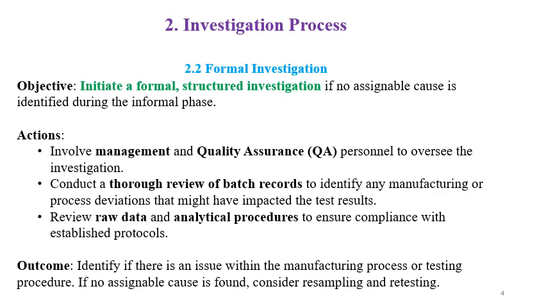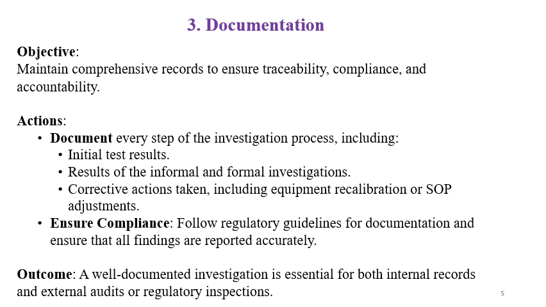It is very important to know when to go for resampling and retesting and when not to, because in quality aspects, meeting the criteria or having compliance by resampling and retesting is not encouraged. So we should be aware of these concepts.